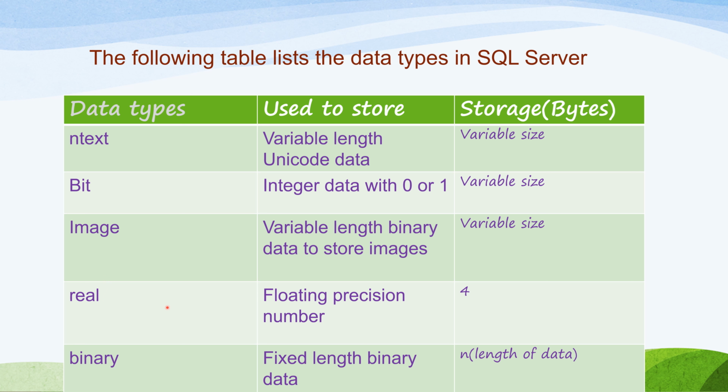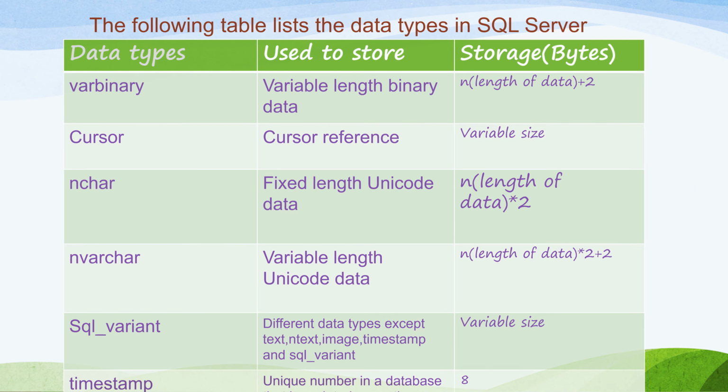This one is the real data type, a floating precision number. Its storage is 4 bytes. And this one is the binary data type. It is fixed length binary data, and its storage is the length of data. This one is the varbinary data type, used to store variable length binary data. Its storage is the length of data plus 2. This one is cursor, used to store a cursor reference.